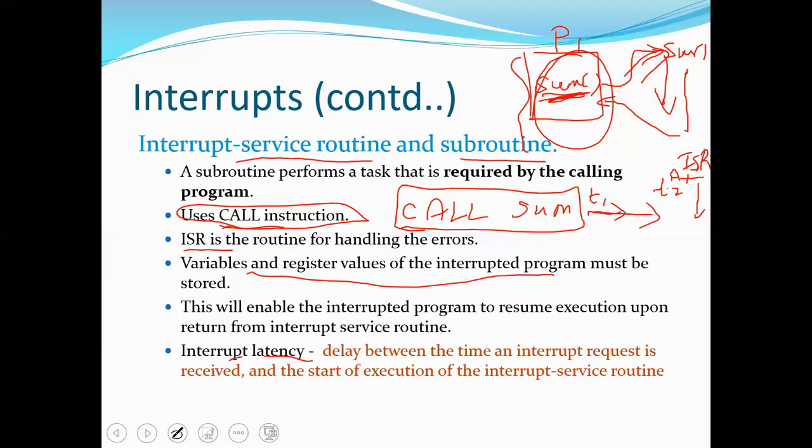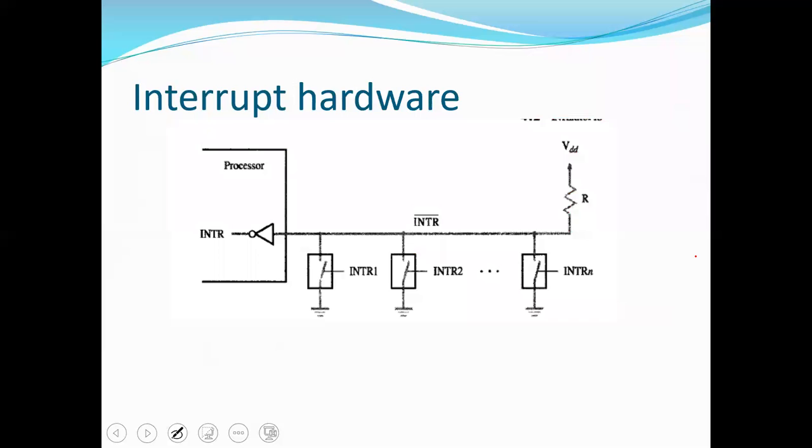So the time difference between t2 and t1 is the interrupt delay, or interrupt latency. So it is the time delay in starting the execution of the interrupt service routine. Why is there a delay? Because the processor should check where the interrupt service routine is present, the address. And so there is a delay. This delay is called interrupt latency.